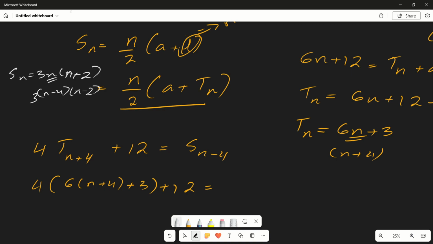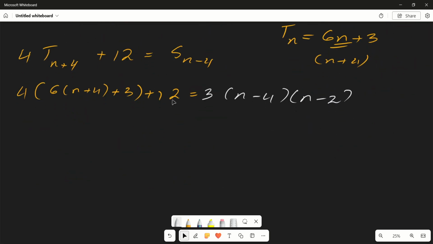So writing this, n minus 4 and n minus 2. So we can see where this is going. We have only the variable n left, so we can easily find the value for n.